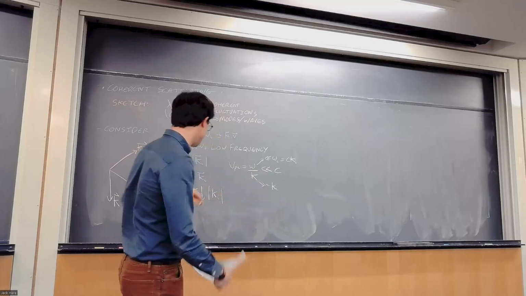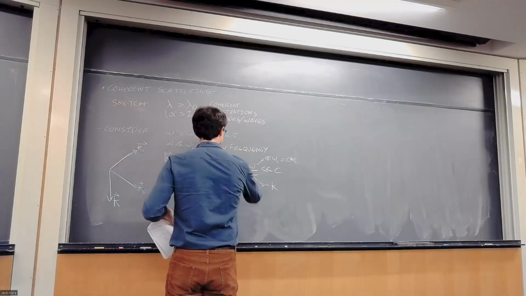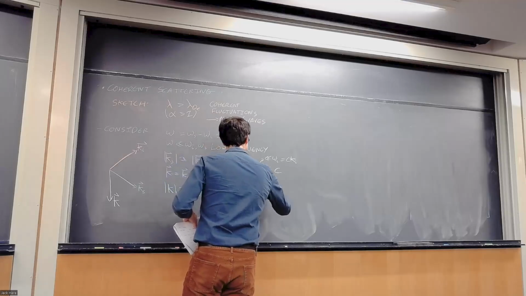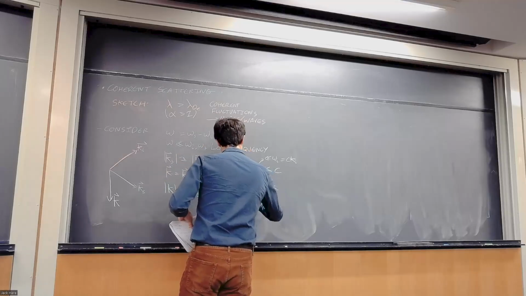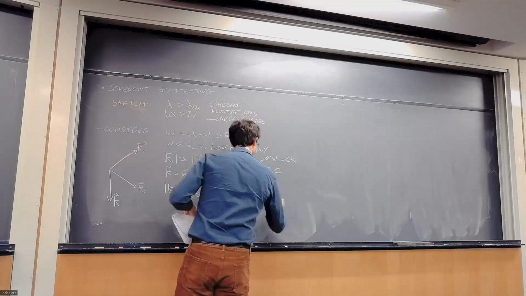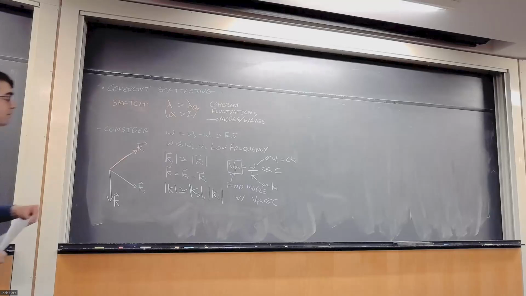So what we need to do is find modes with this property. So what modes are there in a plasma that satisfy this? They've got a low phase velocity compared to the speed of light.